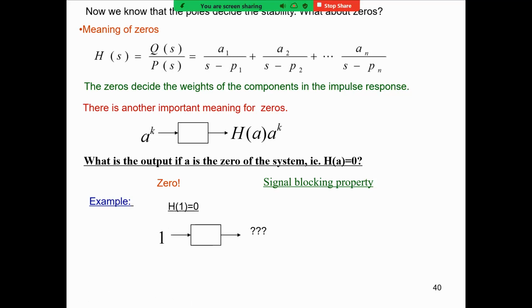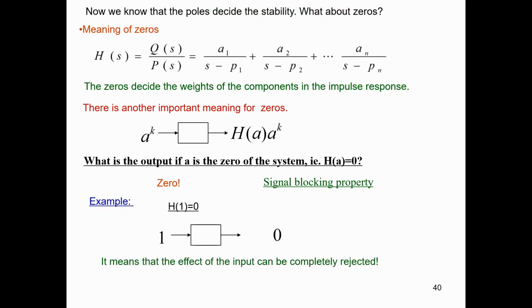You have applied a constant, it has no effect on the output, no response. And sometimes we need this property. The effect of the input can be completely rejected. When do we want this to happen?